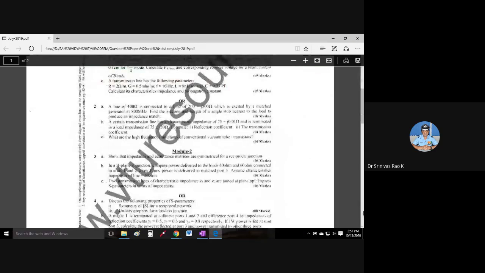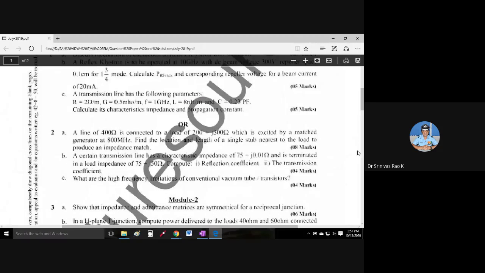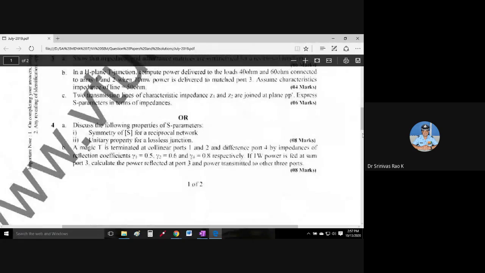Can you see the question paper? Yes, sir. Okay, please copy question number 3A.